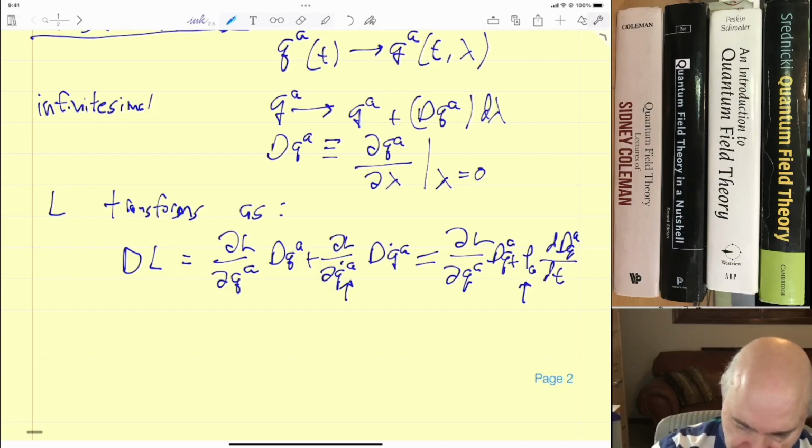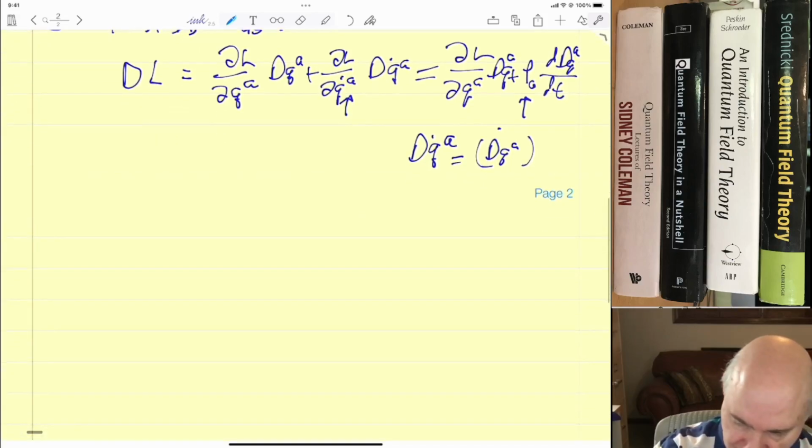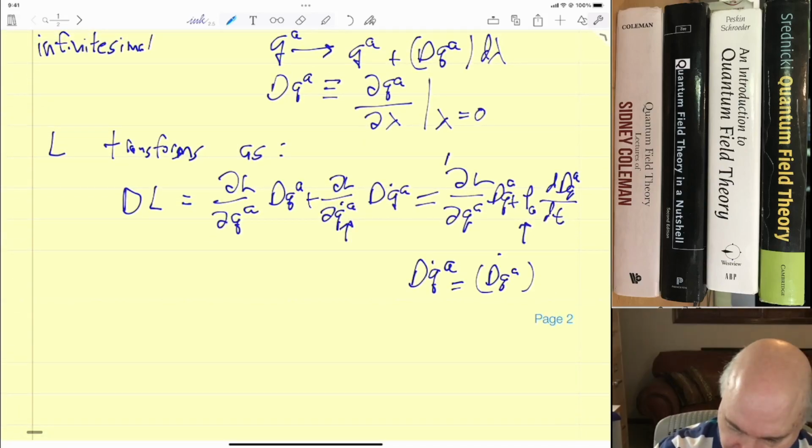And also, as usual, we always have delta q dot A is equal to delta q_A dot. So these commute there. Okay, and I'm going to put a box around this. We're going to use this equation a lot.